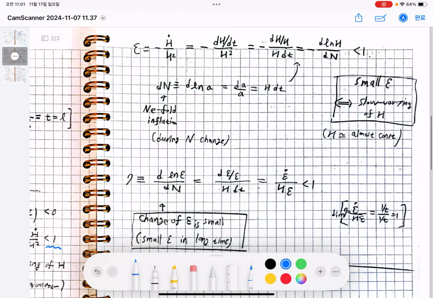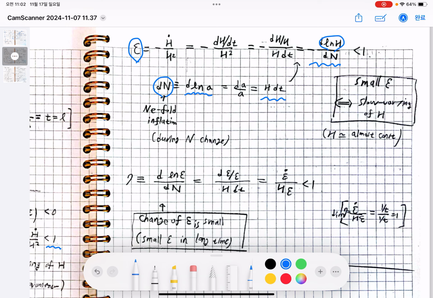So to be specific, I will explain some more conditions for the inflation. The epsilon, minus H dot over H squared, can be changed to these terms as changes of the Hubble parameter over the N e-fold of inflation, where N is defined as the ln a, and actually this is the same as H dt. There are some calculation processes here.